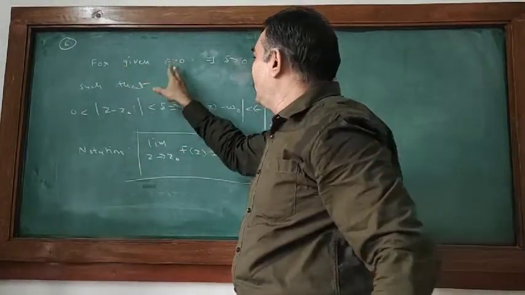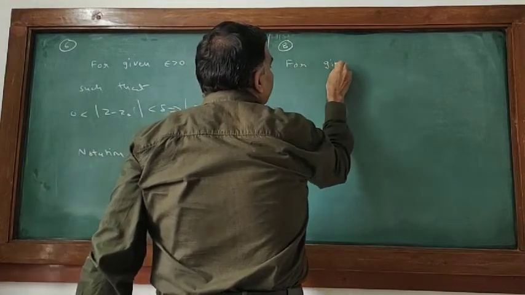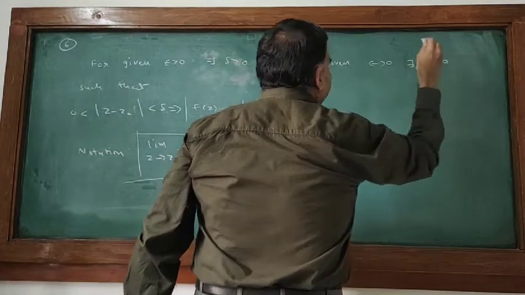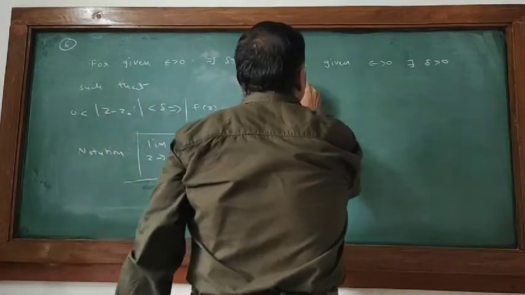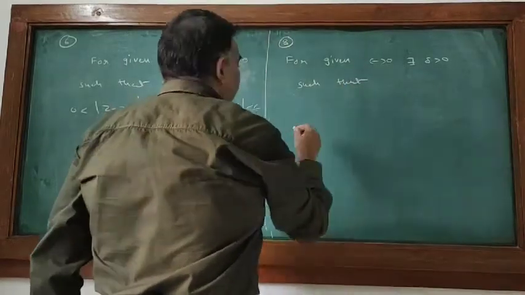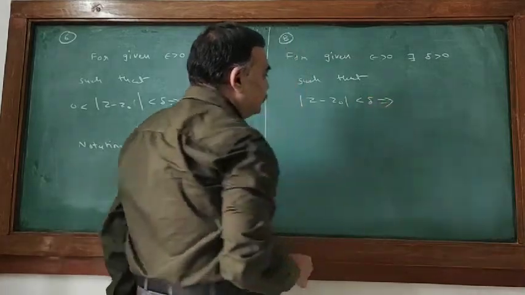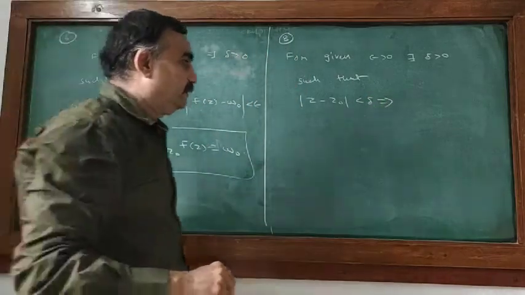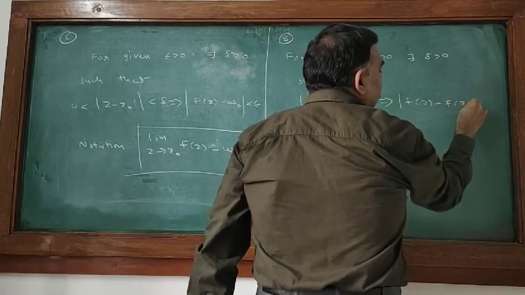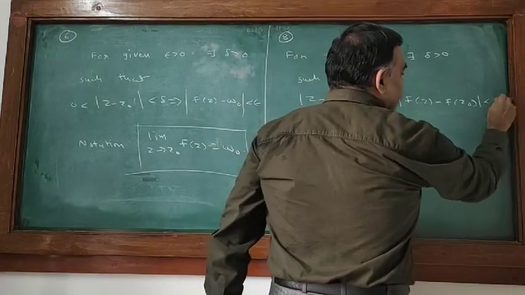For given epsilon positive, there is delta positive such that |z minus z0| less than delta implies |f(z) minus f(z0)| less than epsilon.